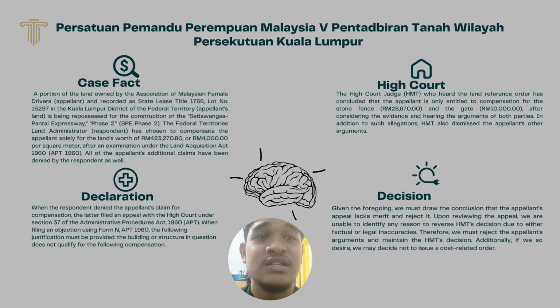For the decision, given the foregoing, we must draw the conclusion that the appellant's appeal lacked merit and reject it. Upon reviewing the appeal, we are unable to identify any reason to reverse the High Court's decision due to either factual or legal inaccuracies.